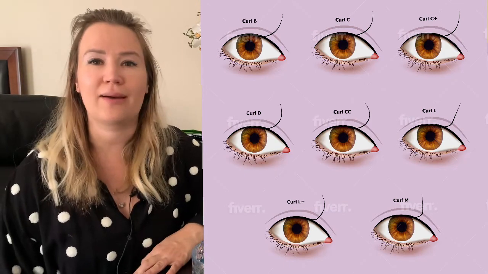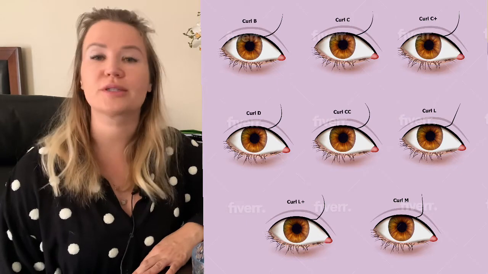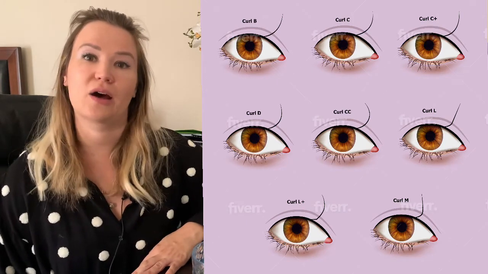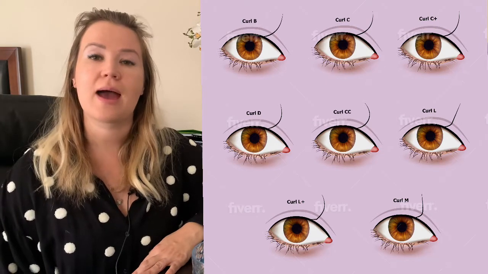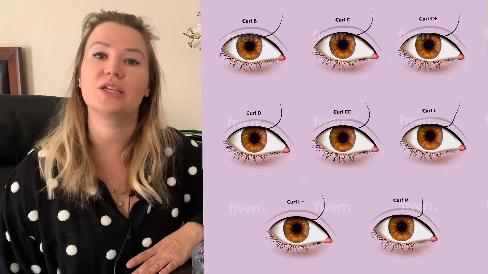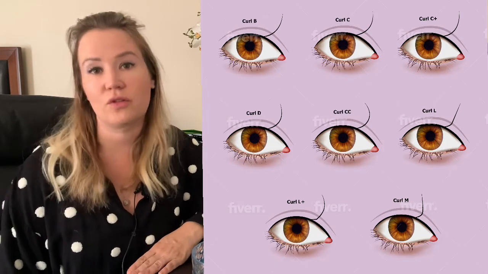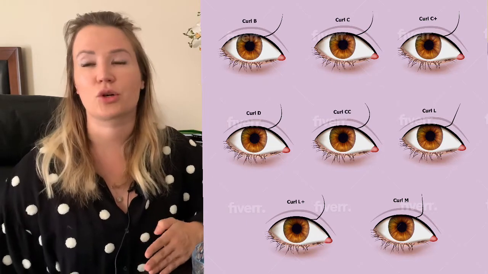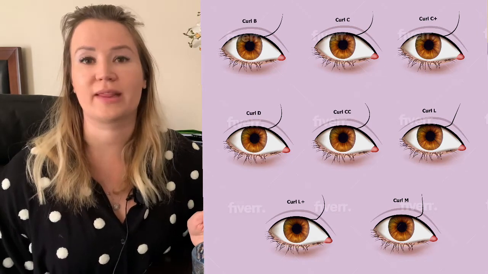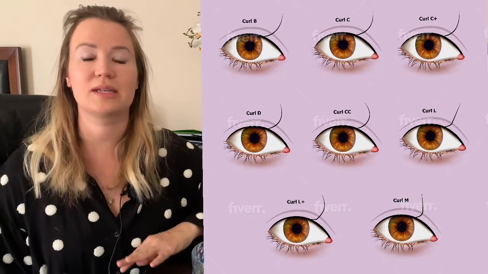So you really have to learn your curls, learn what they're good for, what kind of eye shapes, what kind of lashes they're good for, and then take it from there. Evaluate each client and each situation individually, because there's no simple answer as to, okay, your client has straight lashes, you can only use these curls.